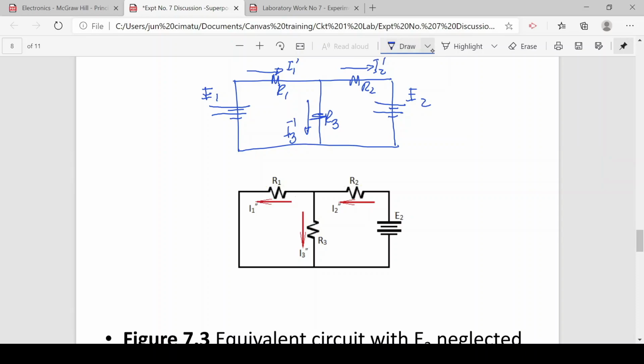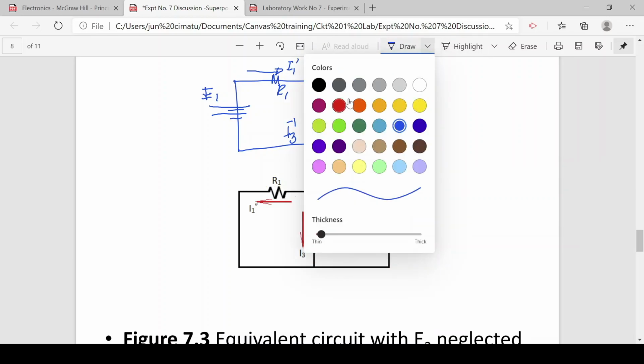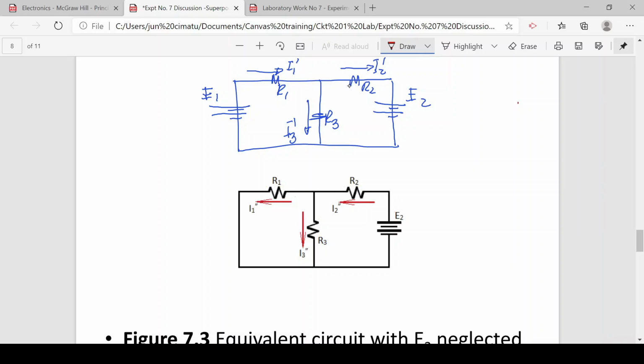Now the component currents due to E2 would be on that direction going to the left: I sub 2 double prime, I sub 1 double prime due to E2, and the current at resistance R3 is I sub 3 double prime.